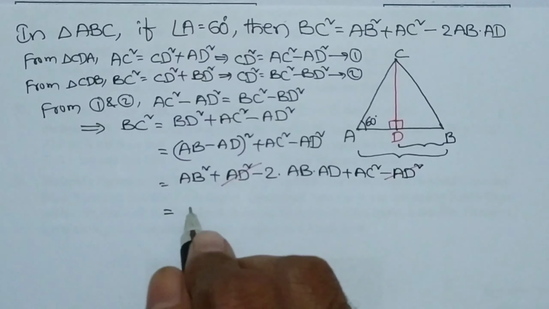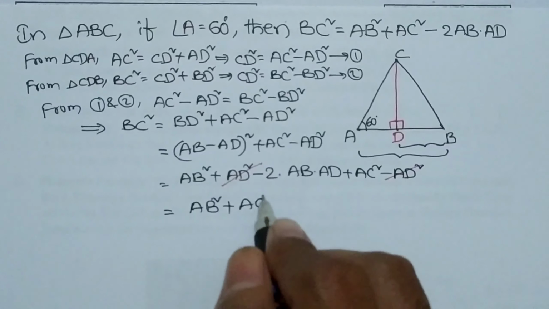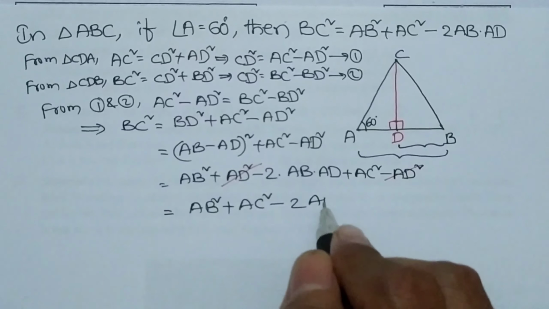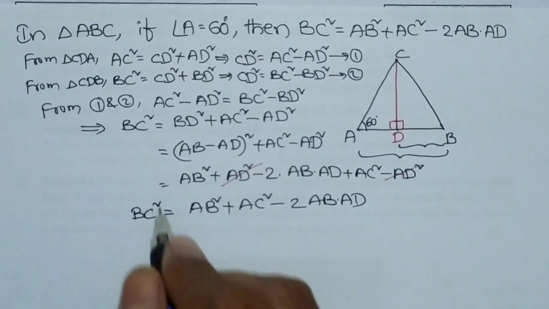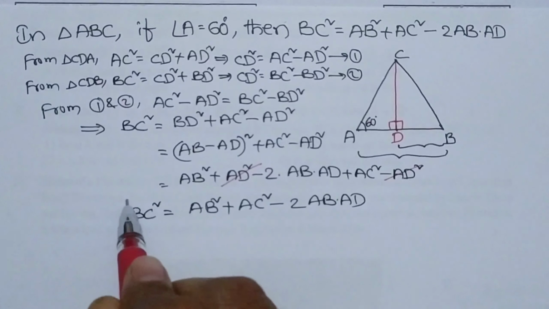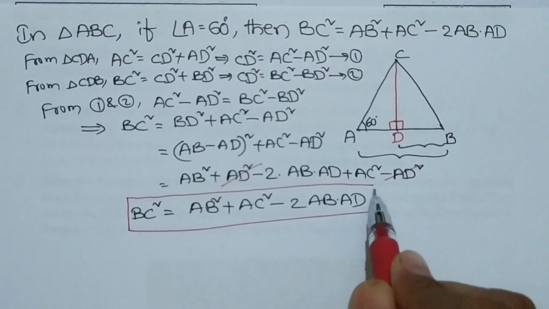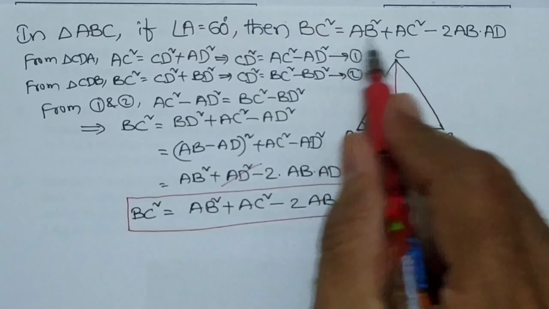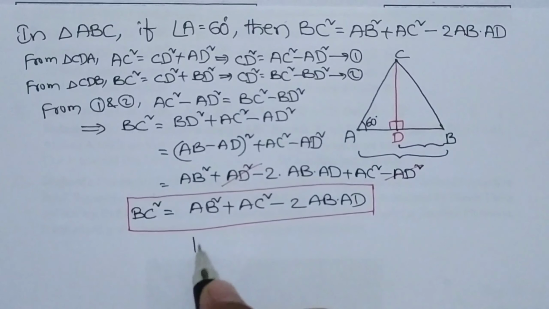Now let us write the remaining terms: AB square plus AC square minus 2AB into AD. This is BC square. Therefore here we get BC square is equal to AB square plus AC square minus 2AB AD. So here we can say that hence proved.